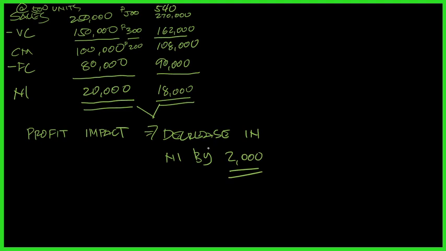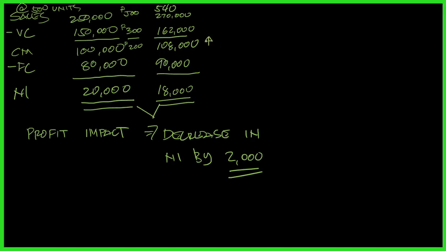If you want, you can shortcut. Since there's no change in the selling price and variable cost, you can use this immediately: 200 times 540, you will have 108, minus 90, you will have 18. There's a shortcut using the incremental approach: go directly to 40 units, as we did earlier. Multiply 40 times 200 and you will get 8,000, the increase in contribution margin.